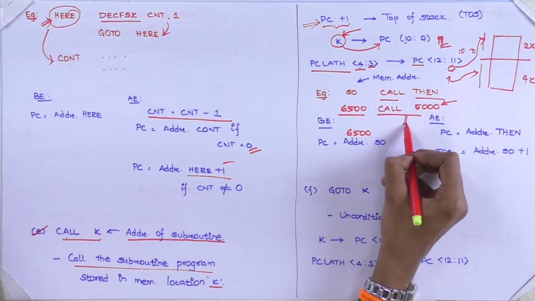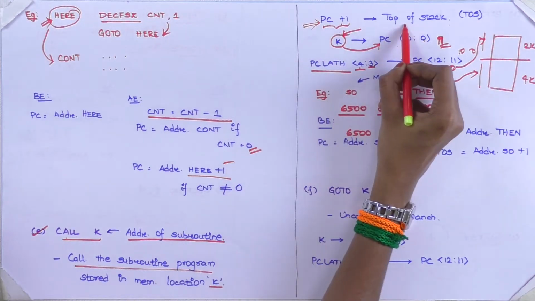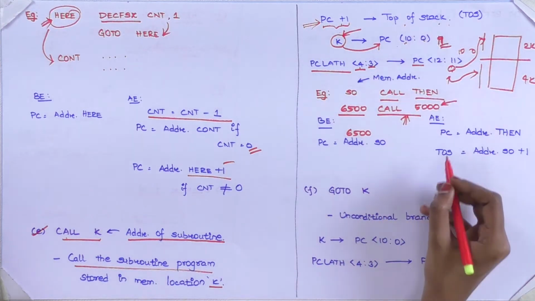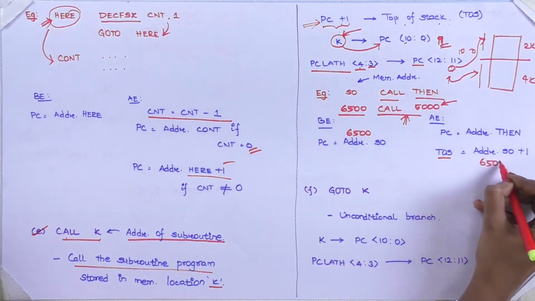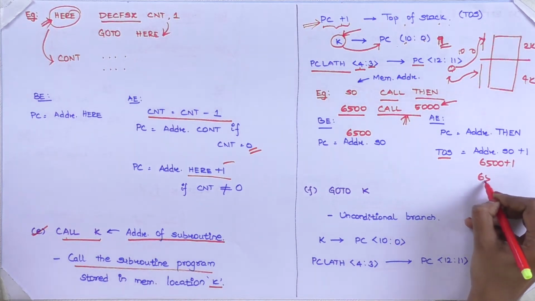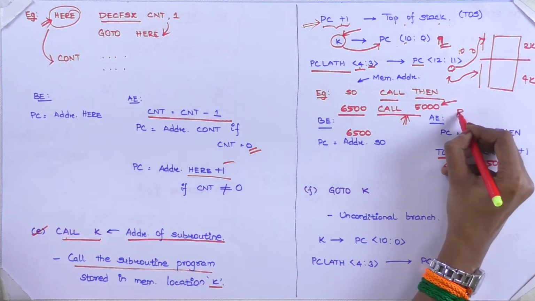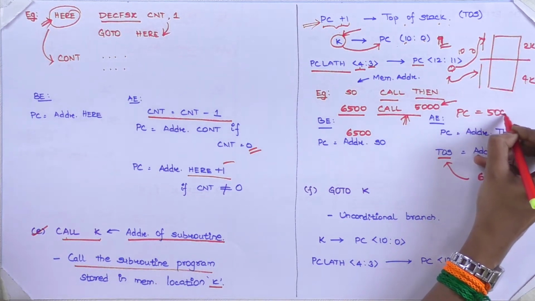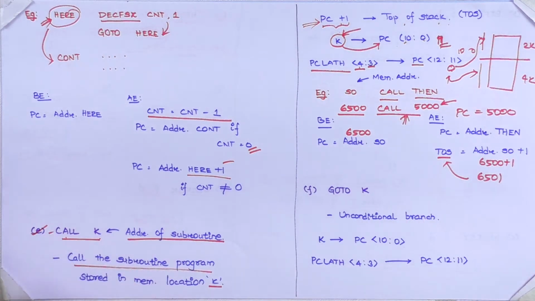While executing this instruction, as I have already told you, the PC plus 1 value is supposed to be stored in the top of the stack. So top of the stack will have the address 5600 plus 1, which is nothing but 5601, and PC will have the address now as 5000. So this is what will happen when we execute call instruction.